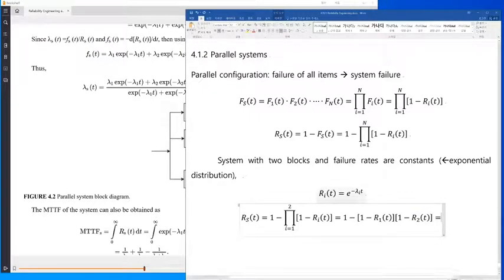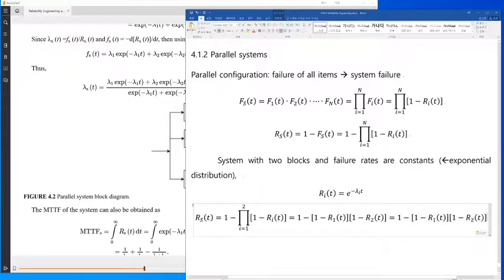And R1(t) is given here. R1(t) is exponential minus lambda 1 t, and R2(t) is exponential minus lambda 2 t.